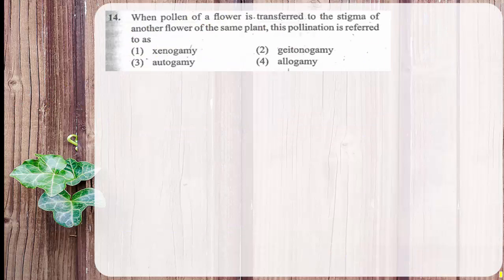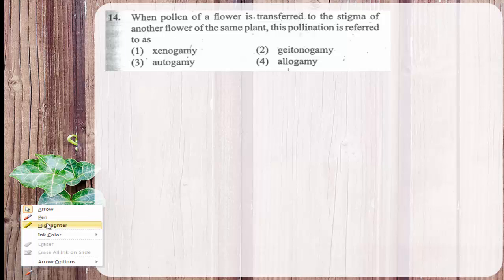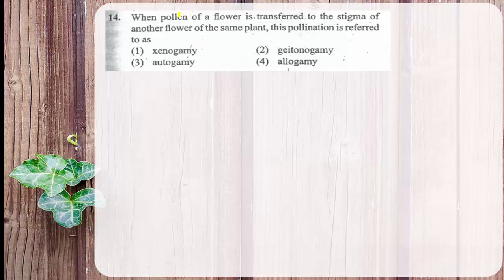When pollen of a flower is transferred to the stigma of another flower of the same plant, this pollination is referred to as. Very interesting question. So, what is the condition given here?